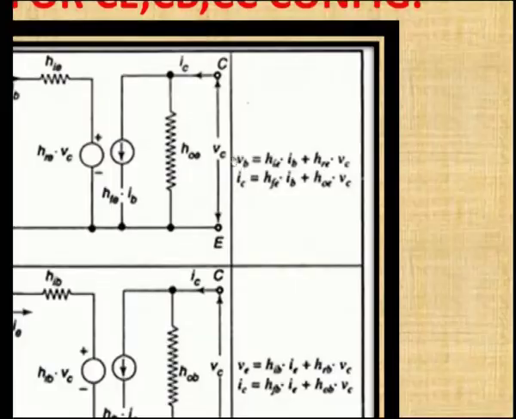So, here instead of this VB, you have to write it as V1 equal to Z11 I1 plus Z12 I2, that is the equation for V1, and for V2, here Z21, instead of this IB you have to write it as I1 plus Z22 I2, this is V2. So, this is the equation for the Z parameter.